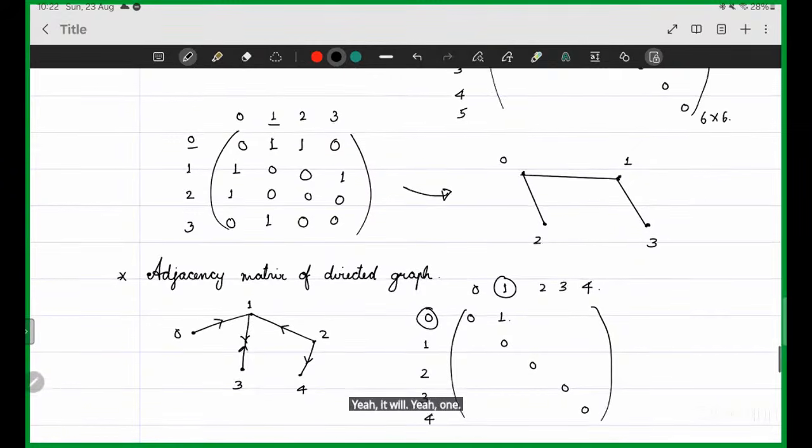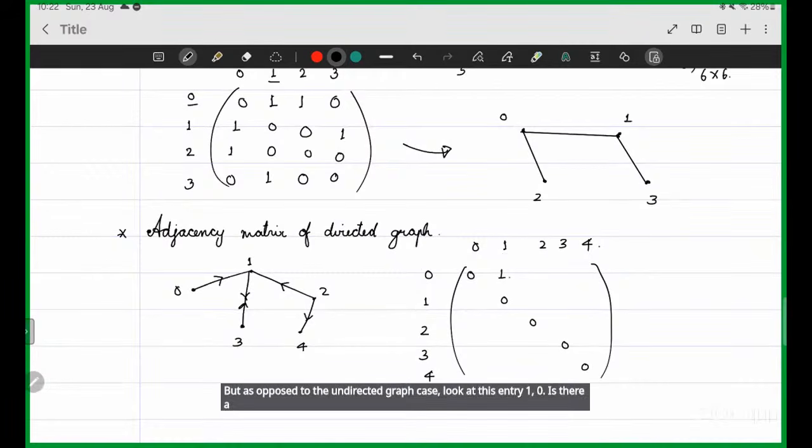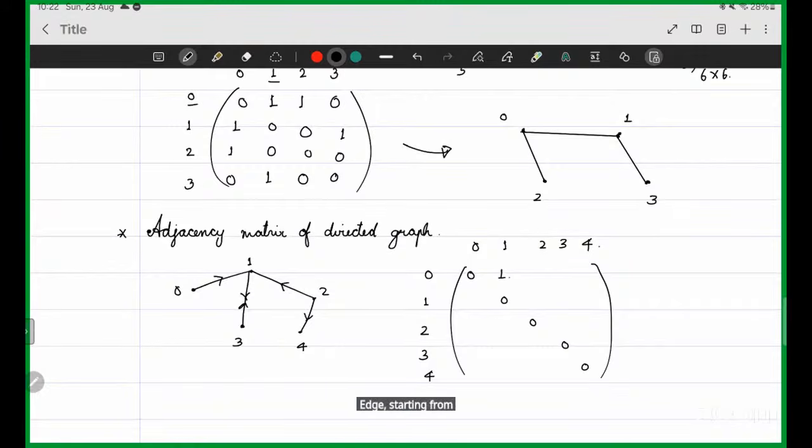But as opposed to the undirected graph case, look at this entry 1, 0. Is there an edge starting from 1 ending at 0? No. So this is a 0 over here, because it is directed.